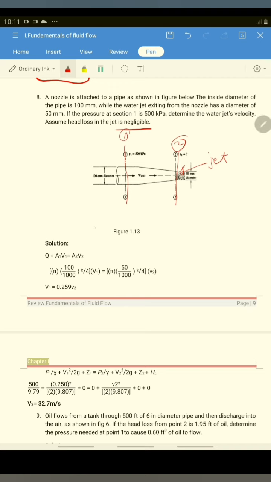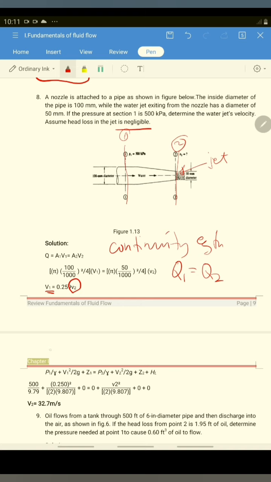Using the continuity equation, Q1 is equal to Q2, so you can get the velocity 1 in terms of V2.